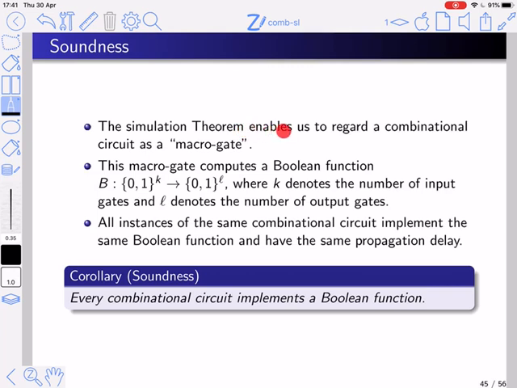And therefore we can view a combinational circuit as a macro gate, which implements a Boolean function with k inputs and, let's say, L outputs, where L denotes the number of output gates of the circuit. Notice that all instances of the same combinational circuit implement the same Boolean function and have the same propagation delay, just as if you were to use many AND gates in your circuit.